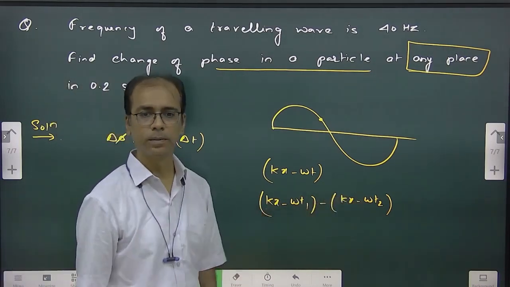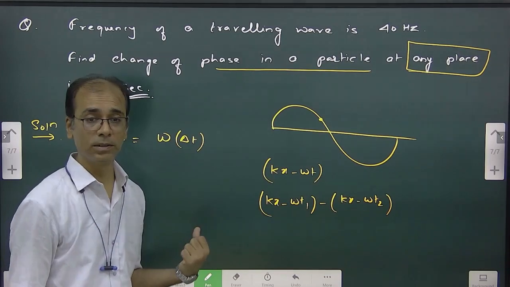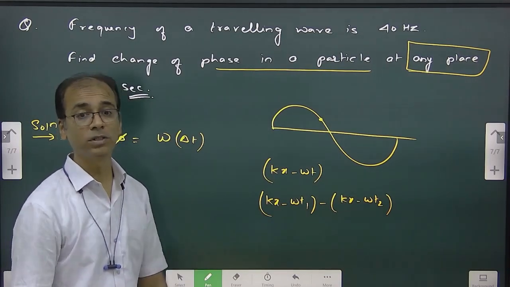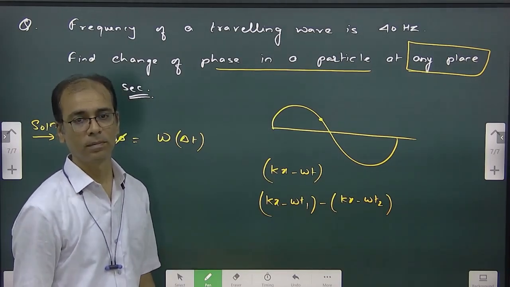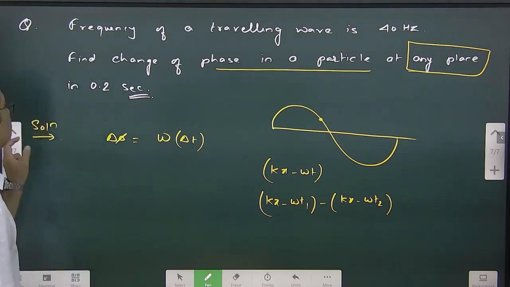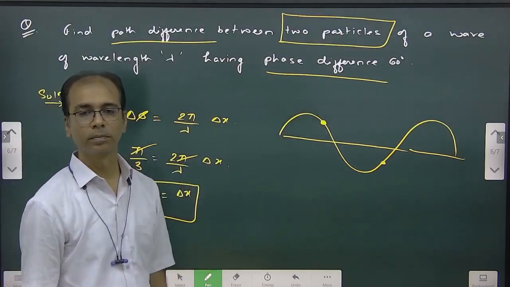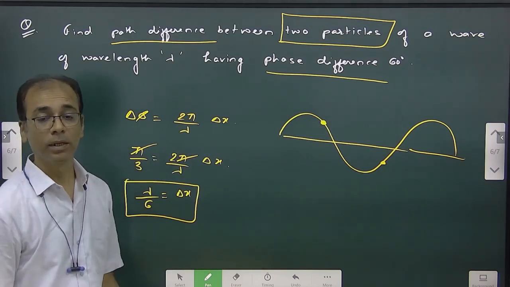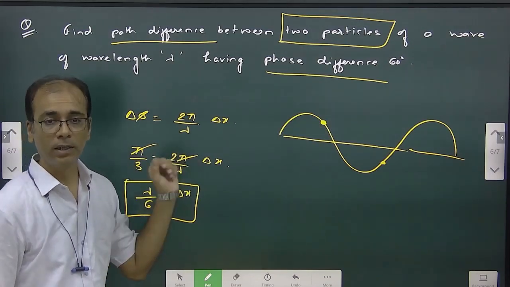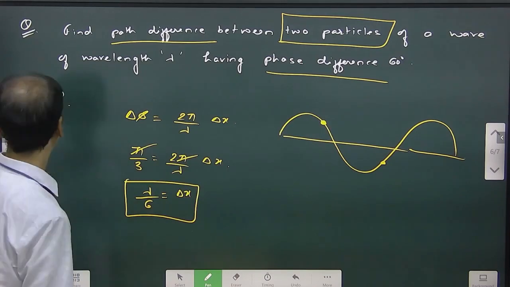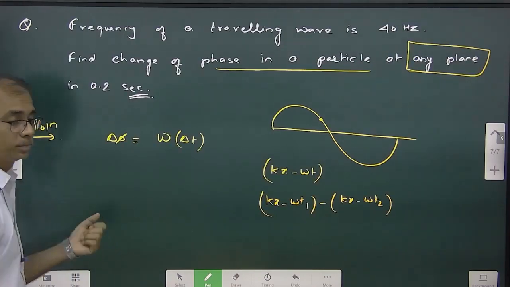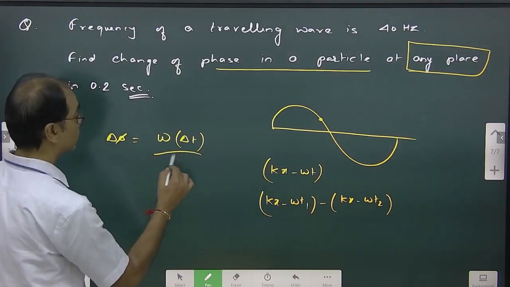Omega delta t. In the previous case, time was same, so omega t cancelled. So we got k delta x. Here omega delta t because kx is same. Okay, so here the answer is this.